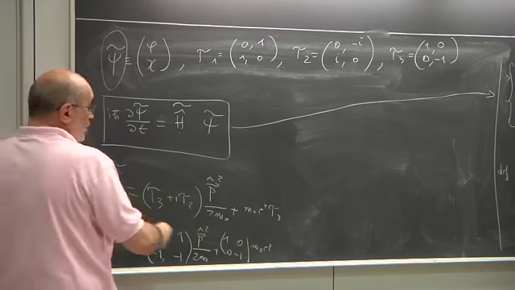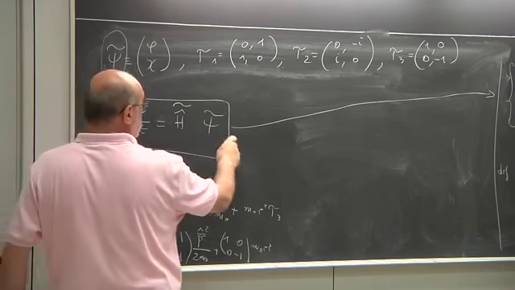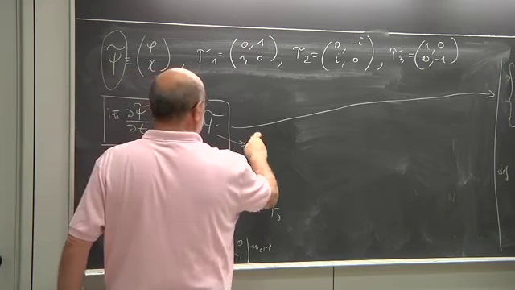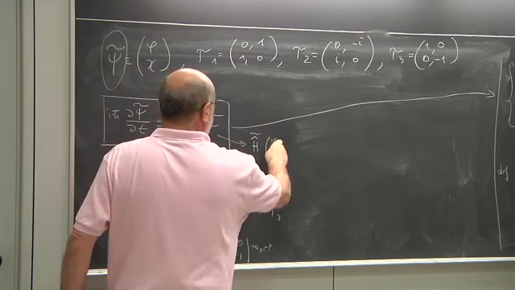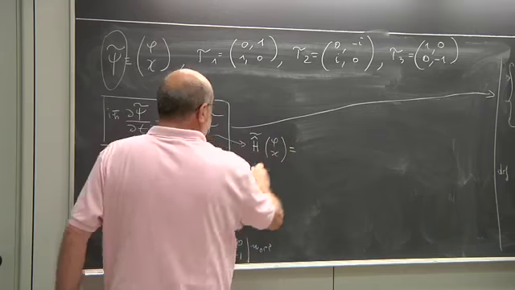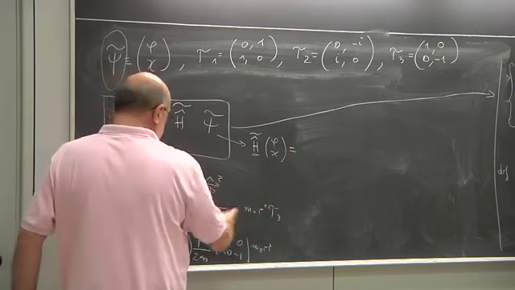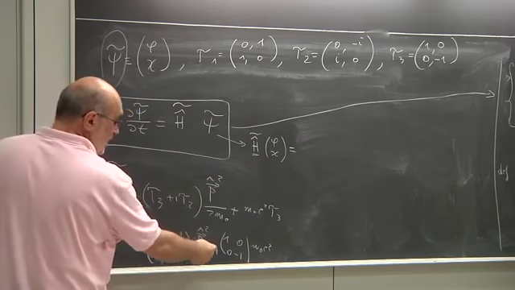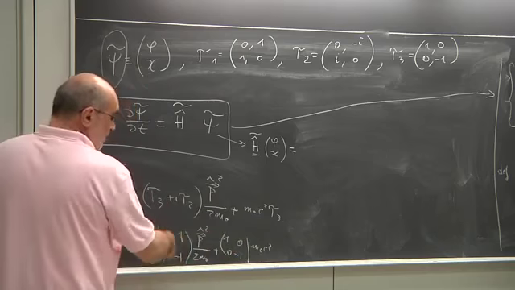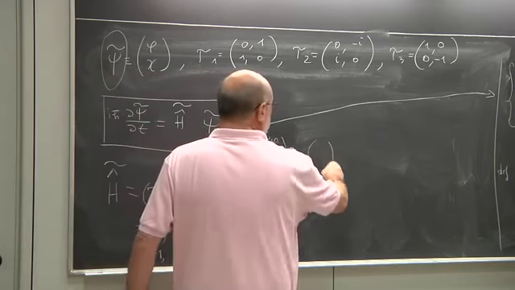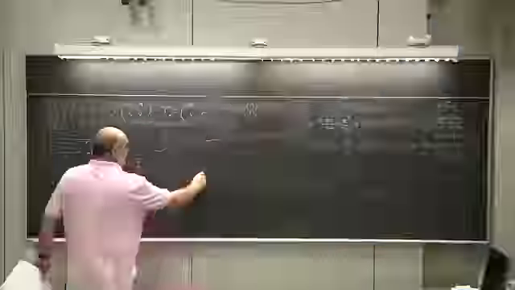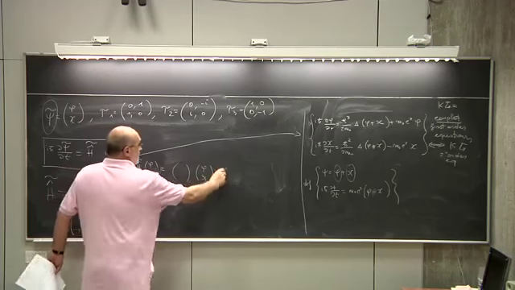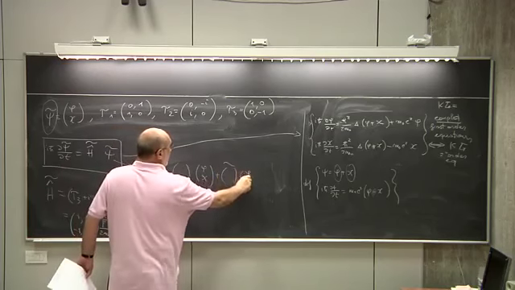Okay, so how do I apply this? I apply this to this, but what does it mean? It means this phi and chi, and this now is a differential operator multiplied by a matrix, so there are matrices acting on phi and chi, another matrix acting on phi and chi.